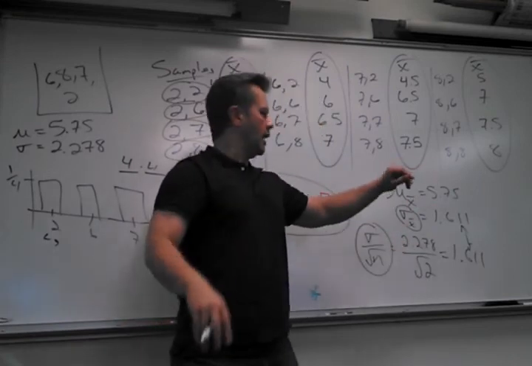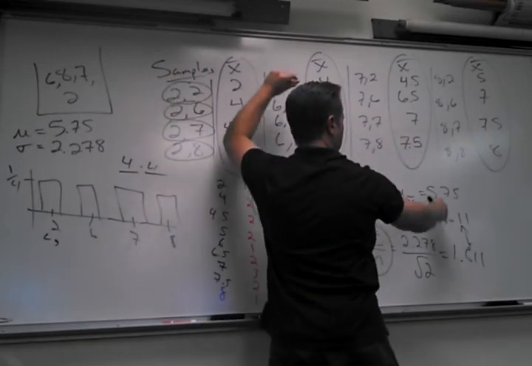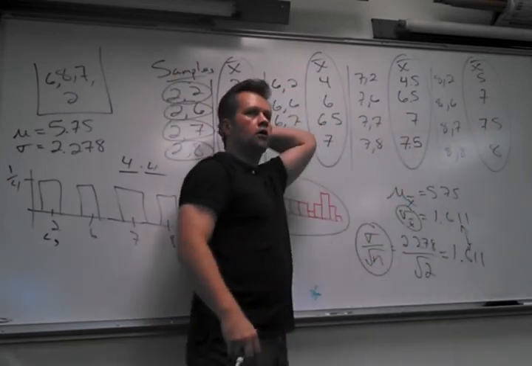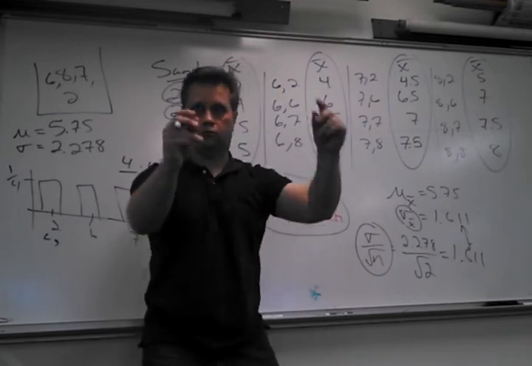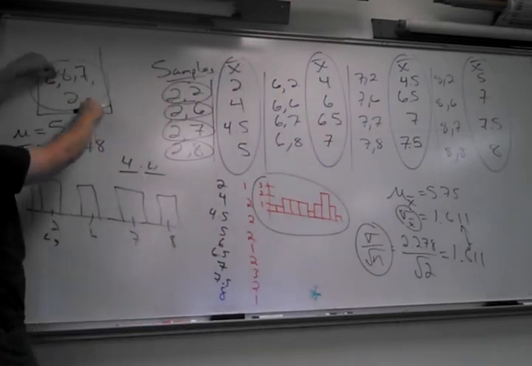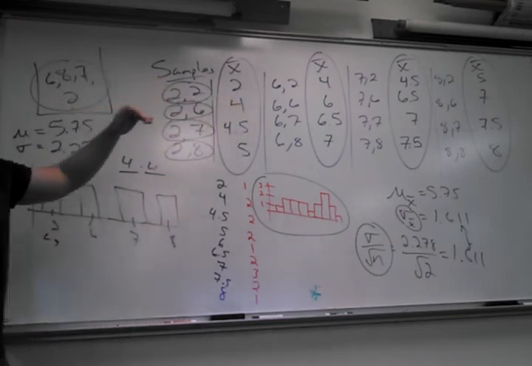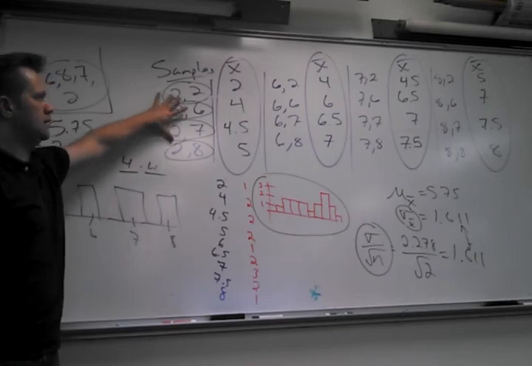Now I want you to realize, how did we get this standard deviation? We had to make this and then plug it in the calculator, right? Can you imagine, even if I just kept these 4 numbers, but I made you pick 3 at a time, sample size of 3, what would happen to how big this is?